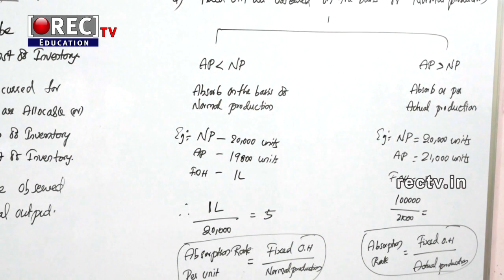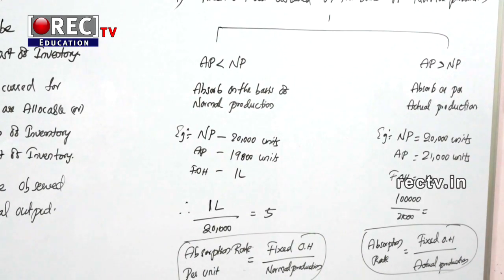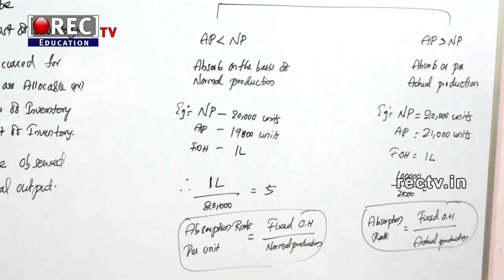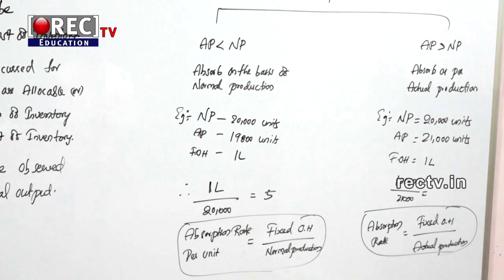Here the absorption rate per unit is fixed overheads divided by normal production. That is 1 lakh divided by 20,000, which is equal to 50. This is the absorption overhead rate if actual production is less than normal production.